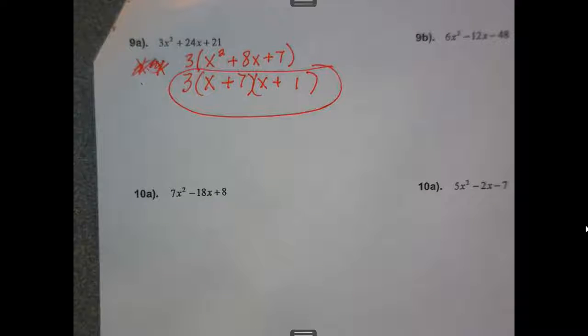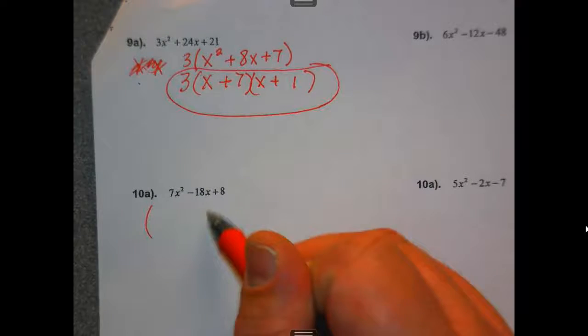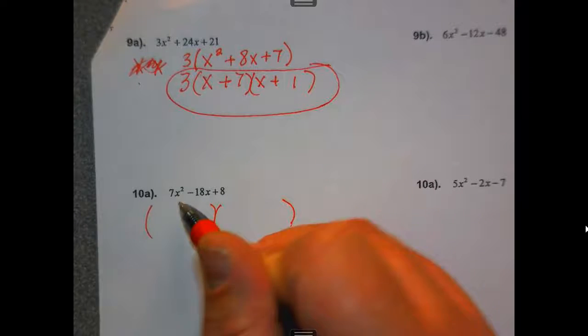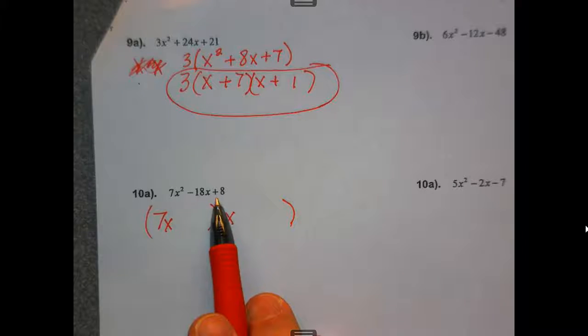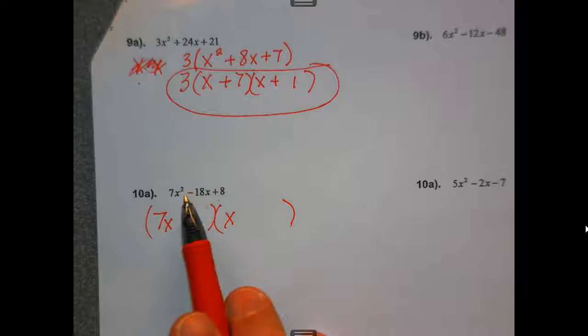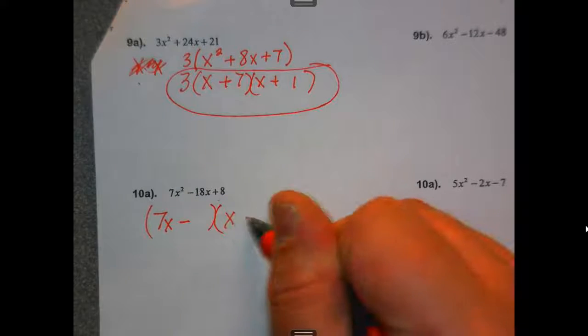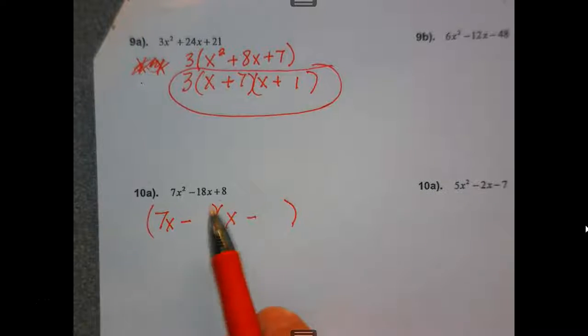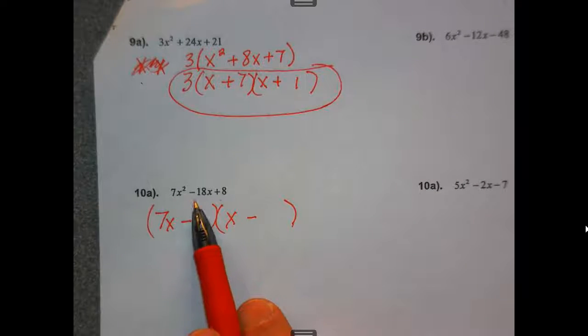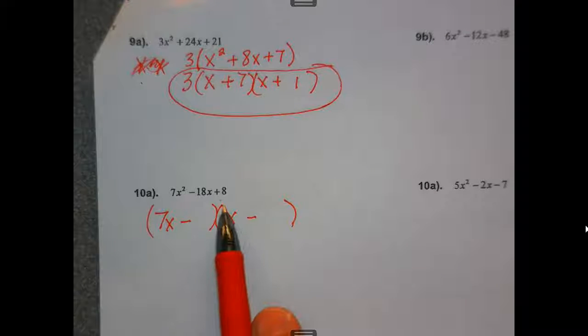Number 10. Okay, the only way to get 7x squared is 7x times x. This multiplies to positive and adds up to negative, so they have to be negative, right? They have to add up to negative 18. They've got to be factors of 8 that add up to negative 18. So we've got 1 and 8.